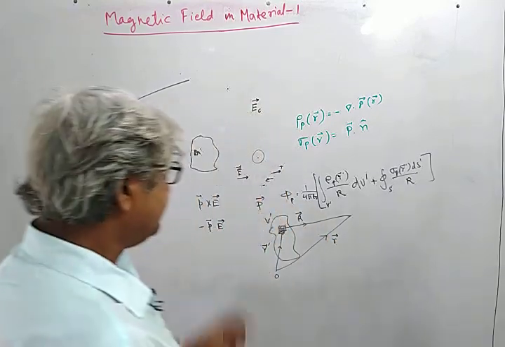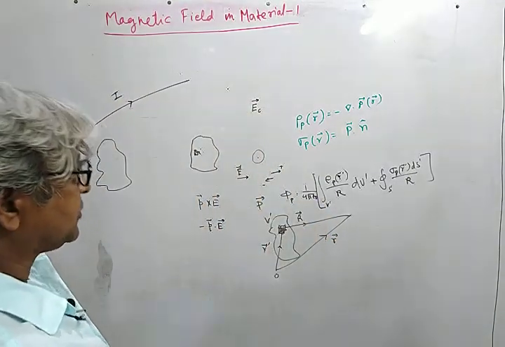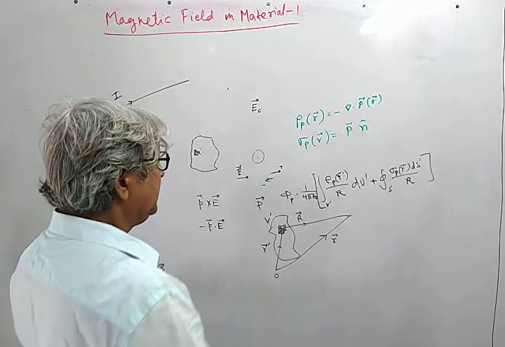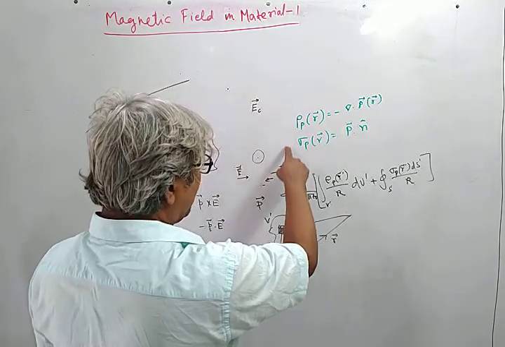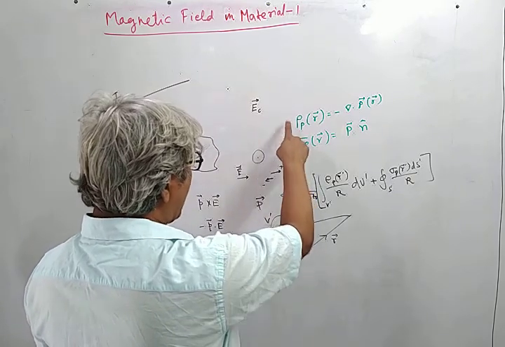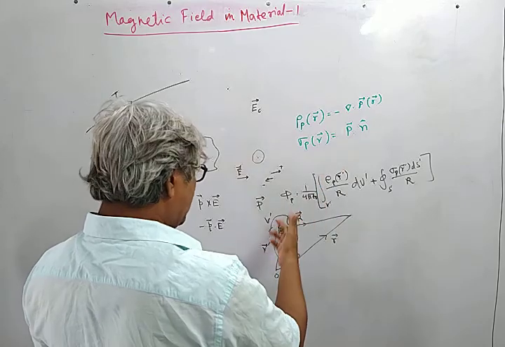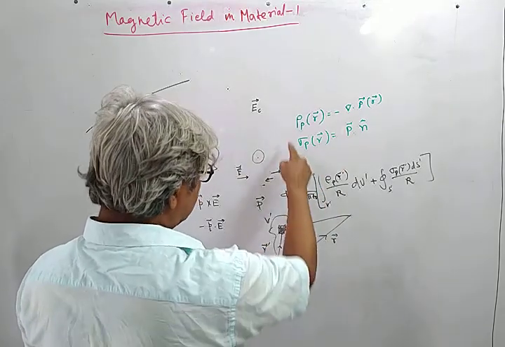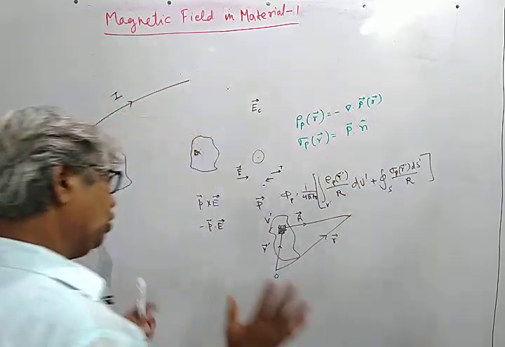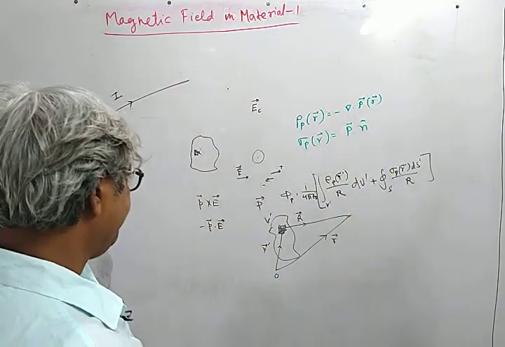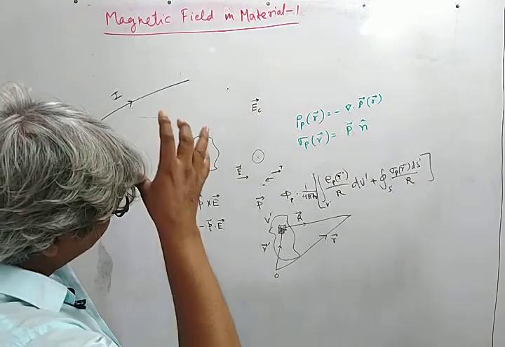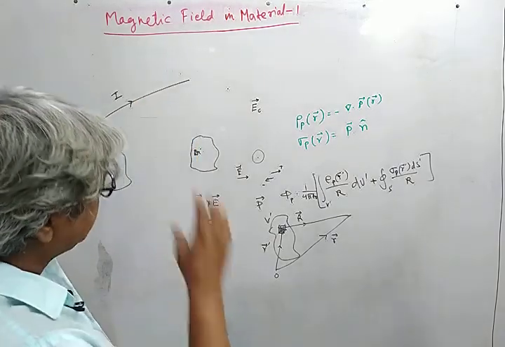So the conclusion is that if you know the polarization, you can define the volume and surface density of polarization charges, and you can calculate the electrostatic potential corresponding to the polarization charges, and from there we can go to the calculation of the part EP, the contribution to the field due to the polarized material.